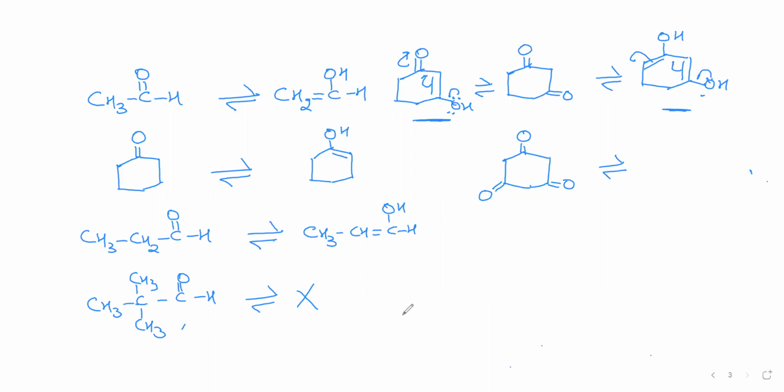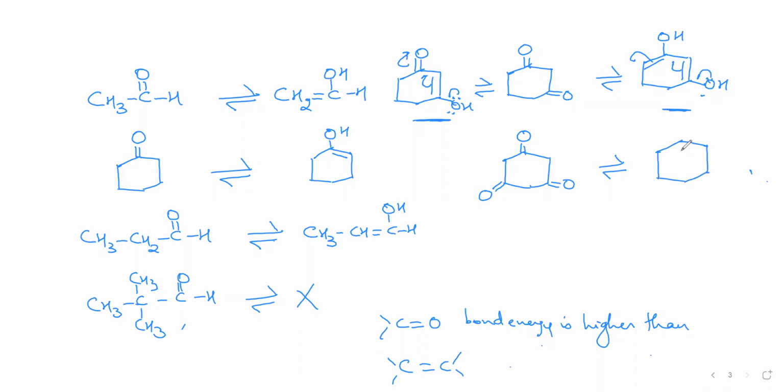Anyway, C double bond O is more stable than C double bond C. Its bond energy is higher. So C double bond O is more stable, yes, the keto form is more stable than enol. But there are conditions where the enol form also predominates.